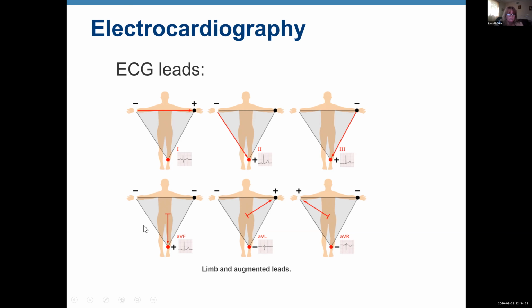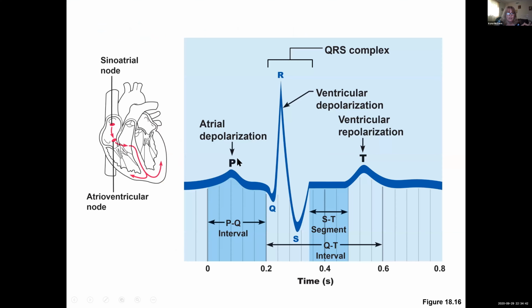We are not going into details of all of the leads. What we're going to take as an example is lead number 2. That's the easiest one to understand. And when you see the next graphs, these will all be lead 2. So this graph is lead 2.